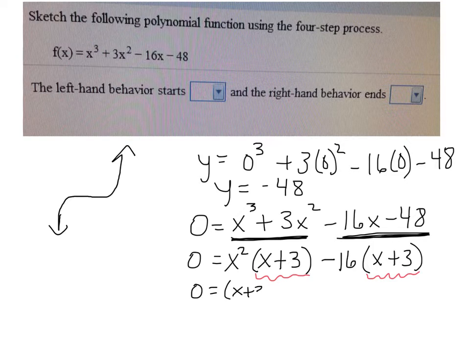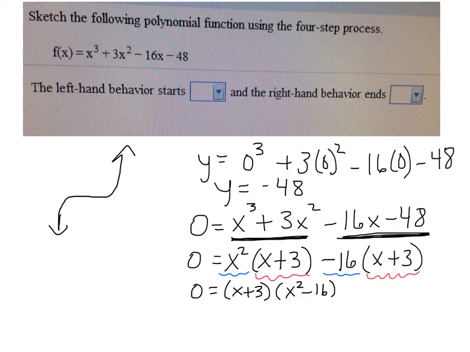The x plus 3 factor, and then I'll write a set of parentheses that has whatever I have left, which in this case I have this x squared and I have a minus 16. So I'll write down my x squared minus 16. Well, that I notice is the difference of two squares. It's the difference of x squared and 4 squared, because 4 squared is 16.